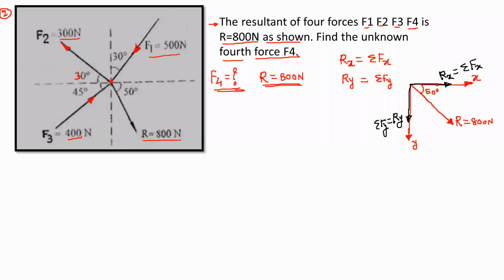Now observe the original system. Just forget about this resultant. Only focus on F1, F2, and F3. So I will redraw this figure.